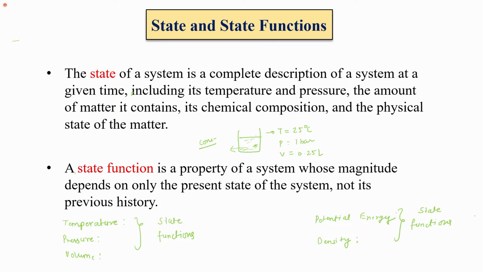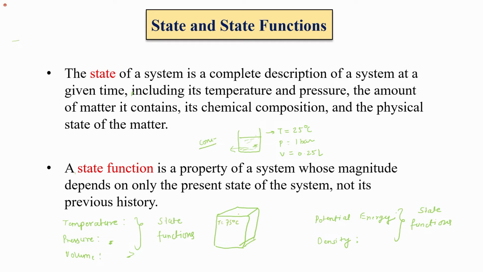For example, the temperature of an oven is independent of however many steps it may have taken to reach that temperature. Let's say we have an oven at some 75 degrees Celsius.